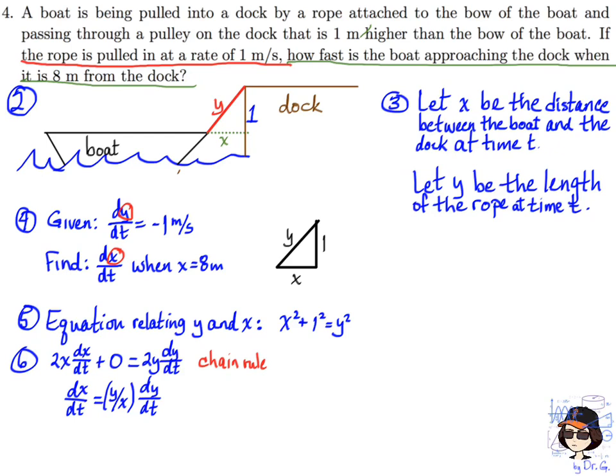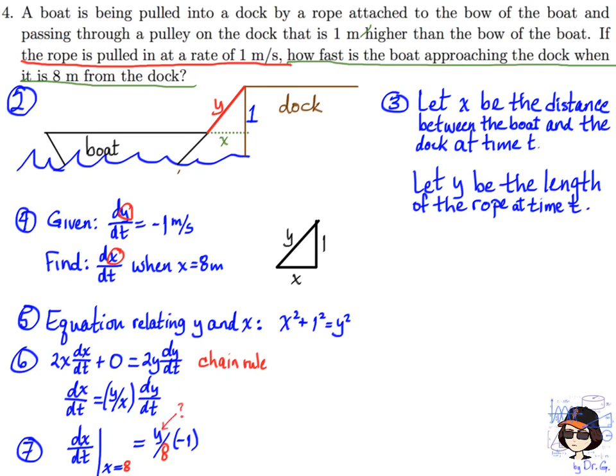And now we can start plugging things in, step 7. So dx/dt evaluated at x equals 8 is y over 8 times negative 1. So y is the only thing we don't have. We have x equals 8 and we have dy/dt equals negative 1.